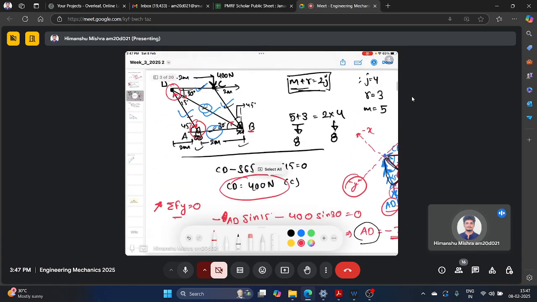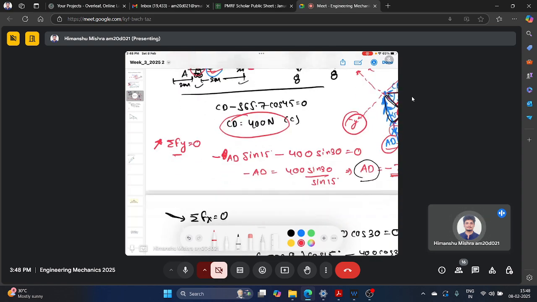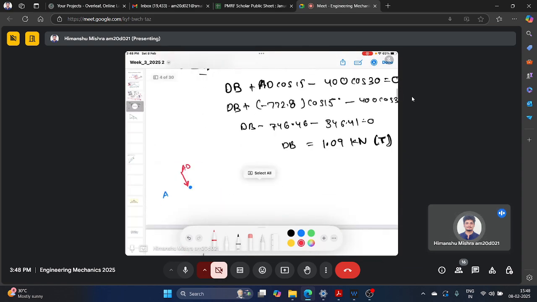And since we don't have any idea about this member, we don't know the force, so we assume the direction here. Let's say I assumed the direction like this, towards the joint. And if it is incorrect, then the equation will tell us. If it comes out to be negative, then it will be away from the joint. So this is our assumed direction of force.